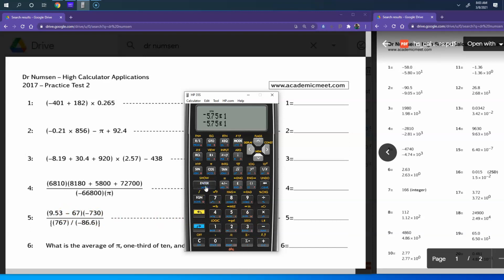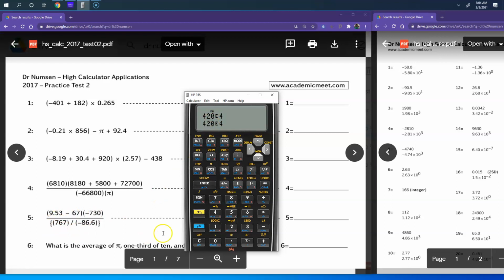So you press enter. And now you want to multiply times negative 730. So you have 730, negative, and you want to multiply. And now this is what you want to save, so you're going to keep that in that memory position.